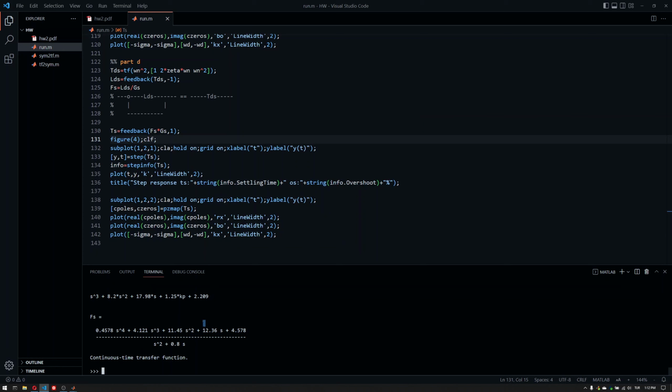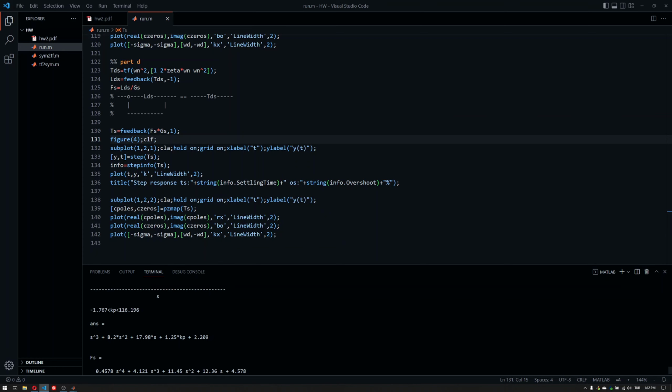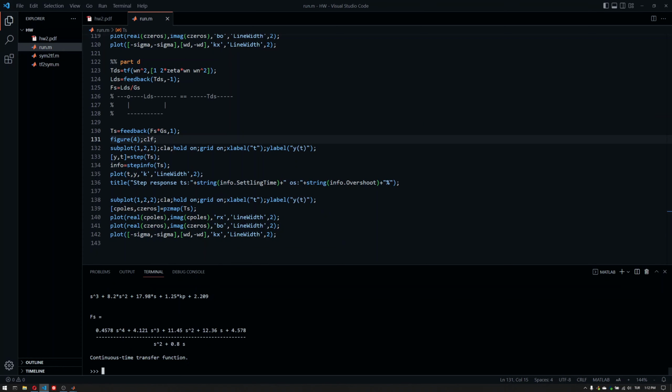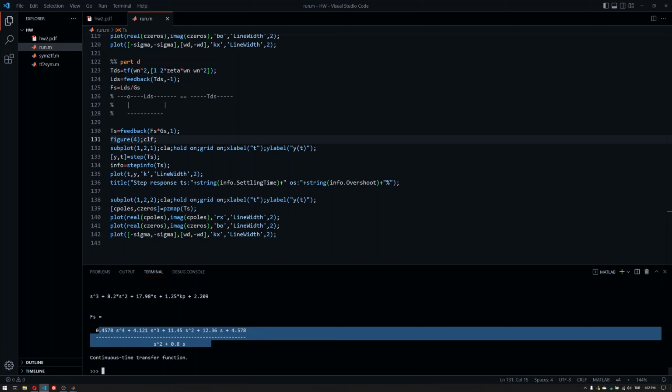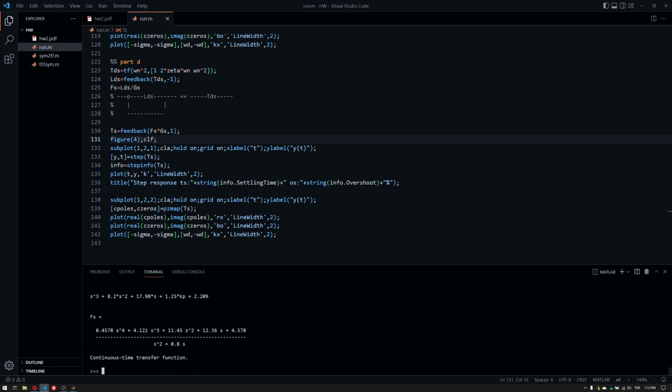Is it a good controller? Well, since it's relying on the correctness of the model, it's of course not the best controller that you can come up with because pole zero cancellation is not really suited for most of the real world applications.